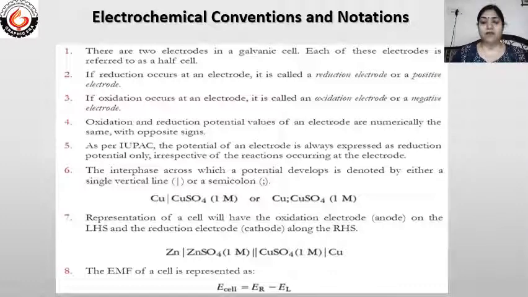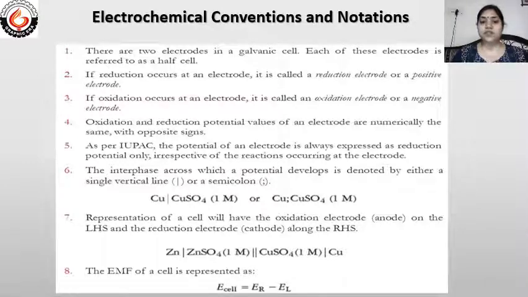When we combine two half cells, this gives a complete electrochemical cell. If reduction occurs at an electrode, it is called the reduction electrode or positive electrode, also known as the cathode. If oxidation occurs at an electrode, it is called the oxidation electrode or negative electrode, or anode.